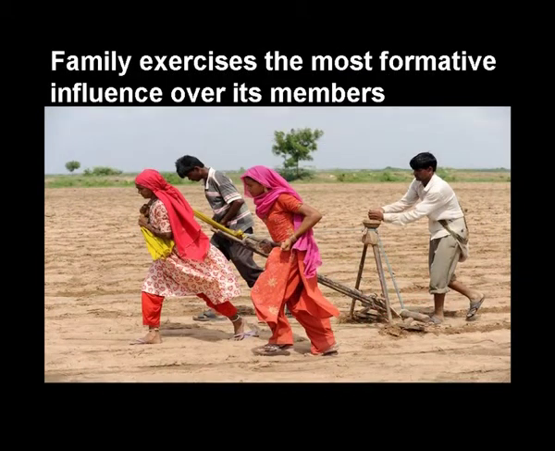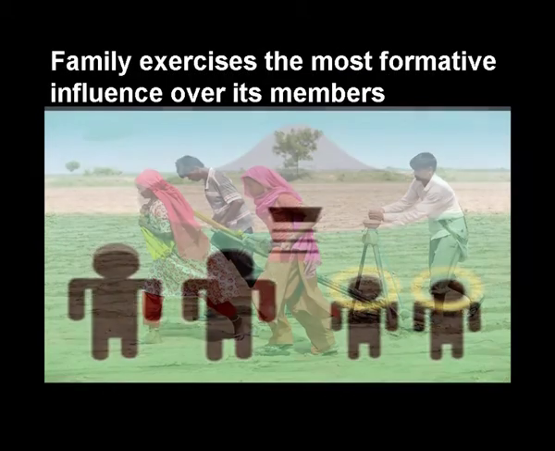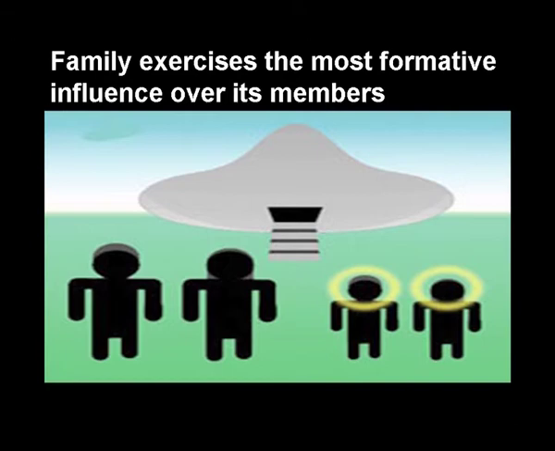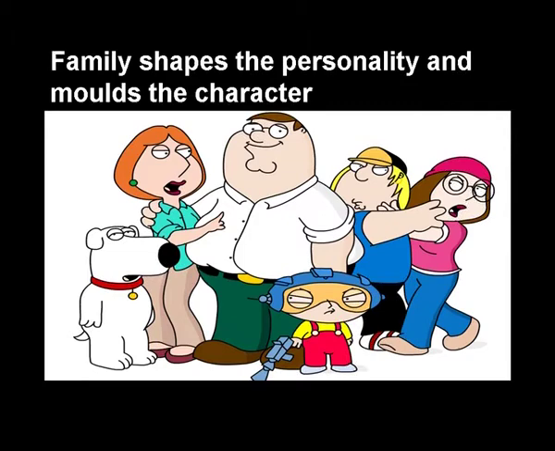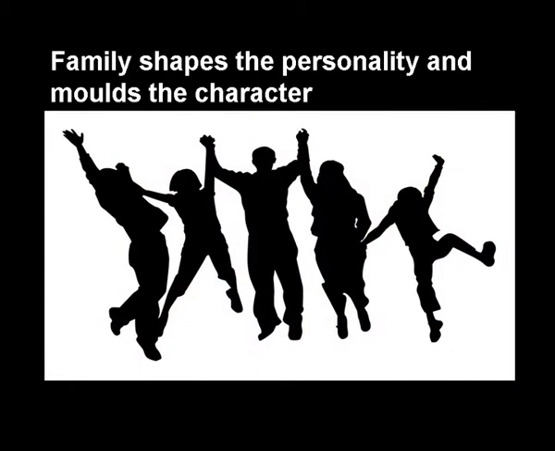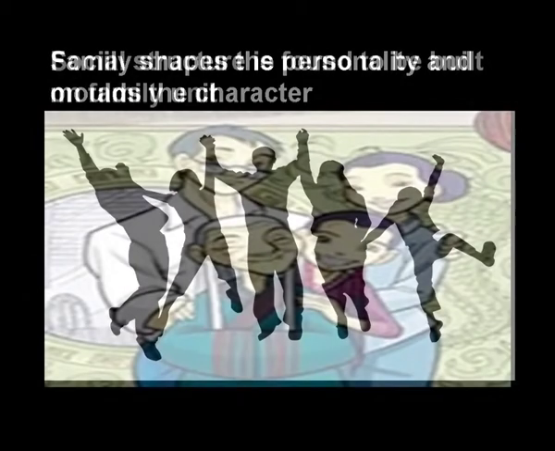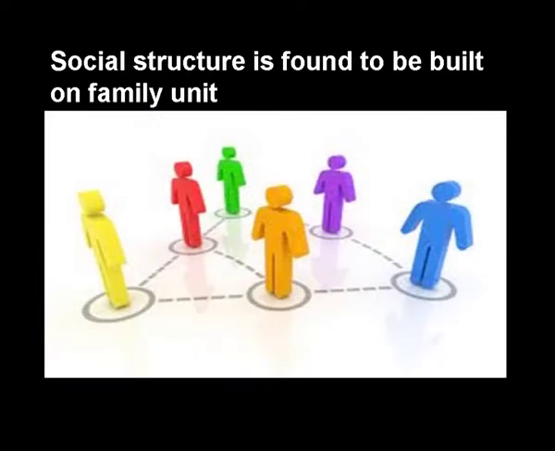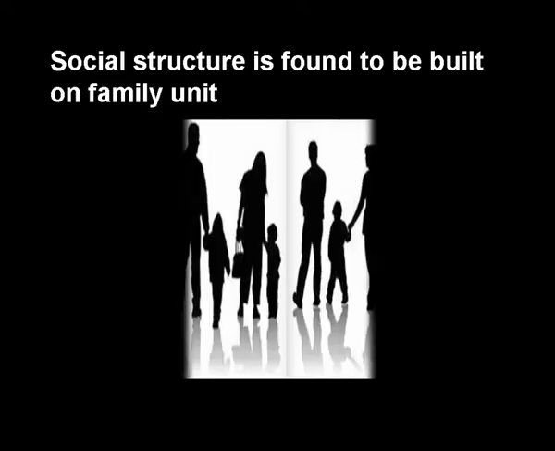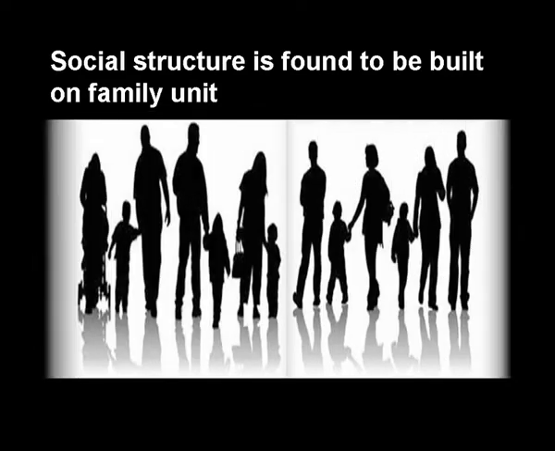Fourthly, the family exercises the most formative influence over its members. It shapes the personality and molds the character of the individuals. The fifth one, since family occupies the nucleus position in the social structure, the entire social structure is found to be built on family unit.